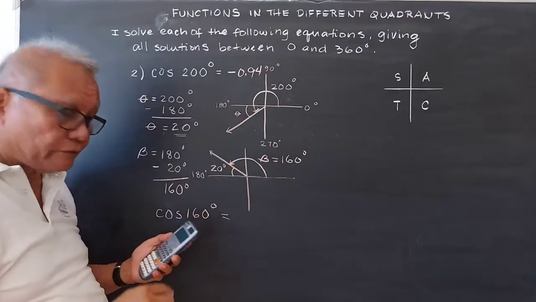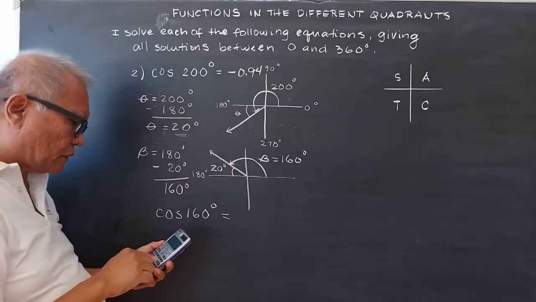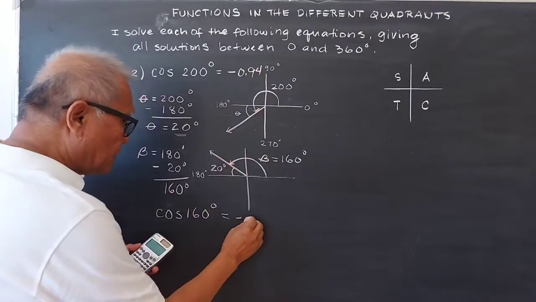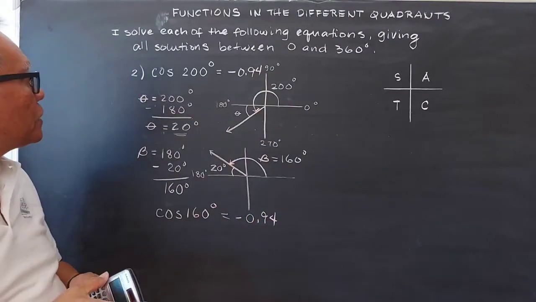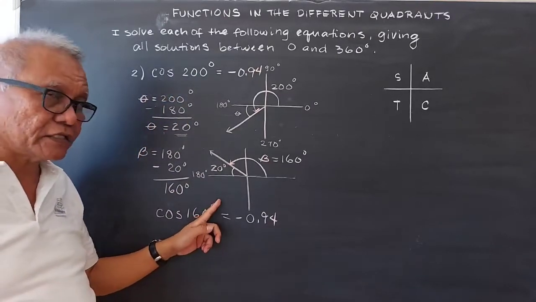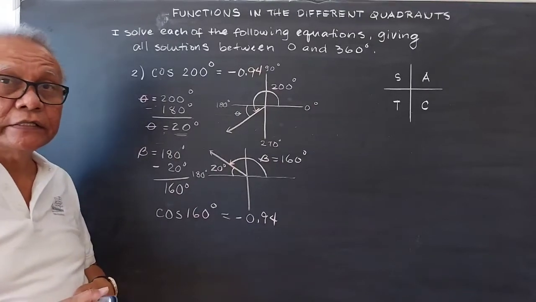And what is the value of cosine 160 degrees? It is the same thing, negative 0.94. So another expression for cosine 200 is cosine 160 degrees, and they have the same negative value of 0.94.